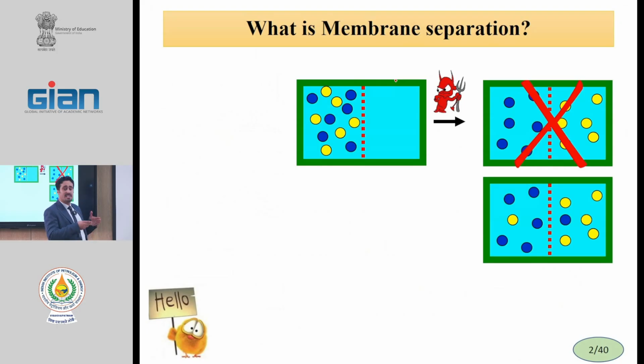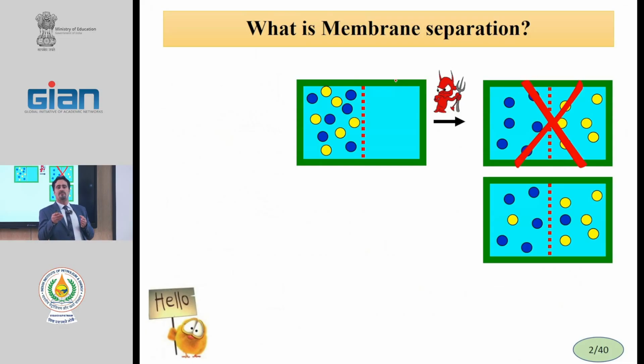We have a restricted separation because the pore size of membranes usually is not uniform. We do not have a uniform pore size. When we say these membranes have, for example, a 20 nanometer pore size, this reported data is average data.